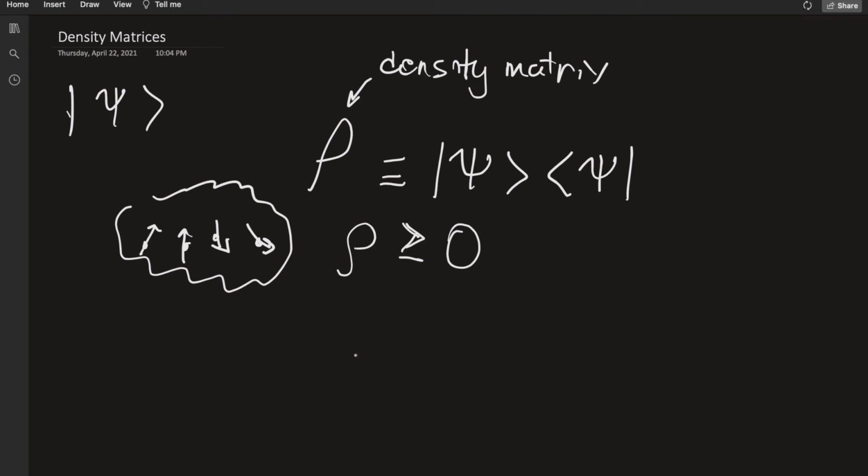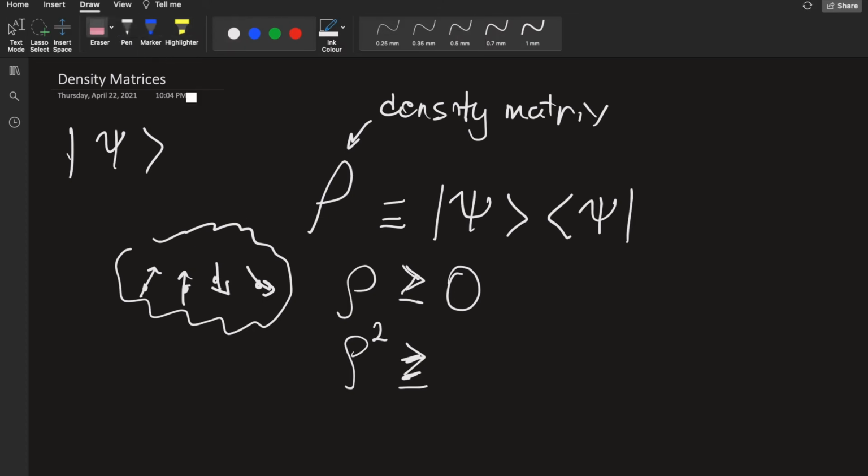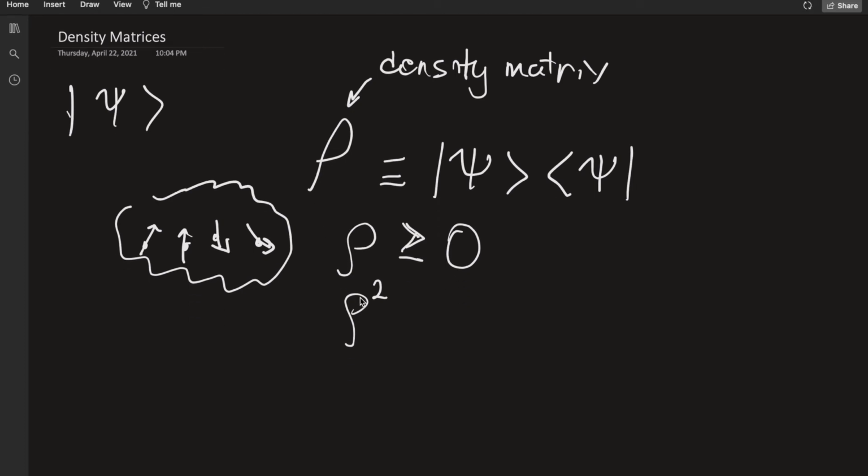Now, another useful property is that if you square the matrix, it's always going to equal the matrix itself. So it's never going to change if you square it or raise it to any power.